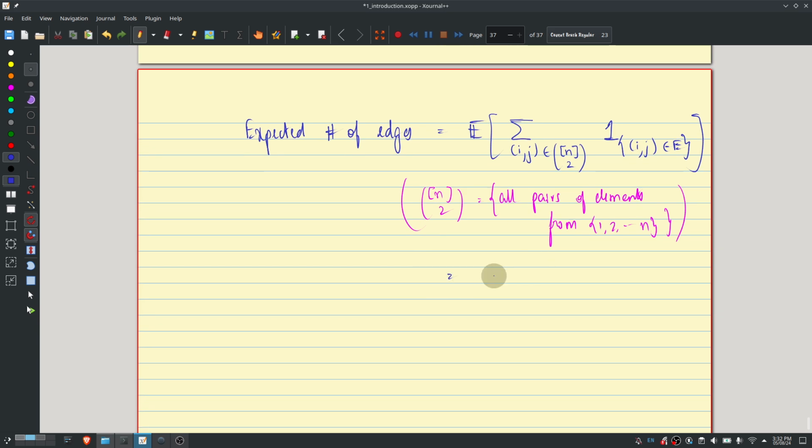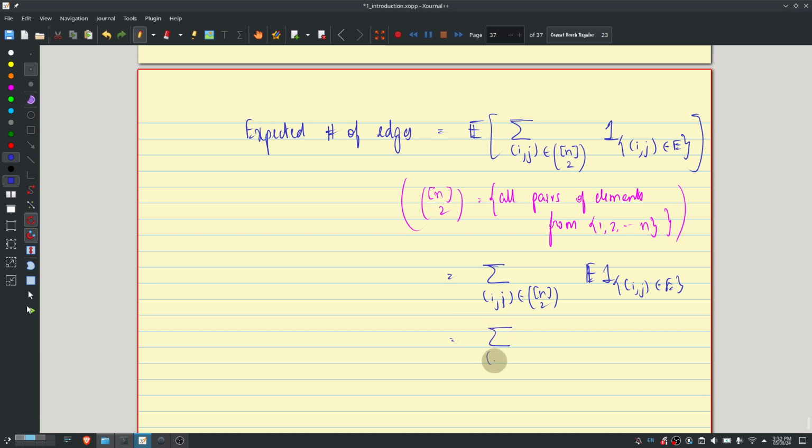By linearity of expectation, this is just the summation over (i, j), n choose 2 terms, of the expectation of this indicator random variable. And what is this expectation equal to?